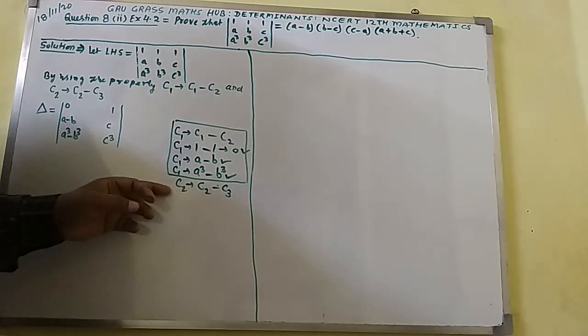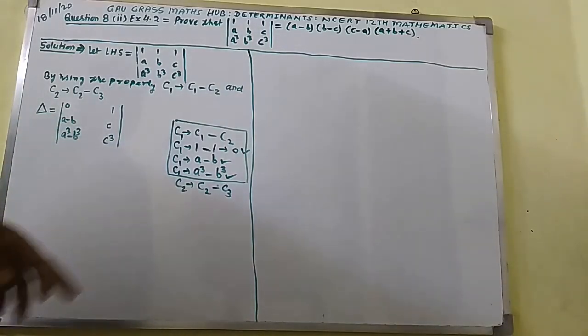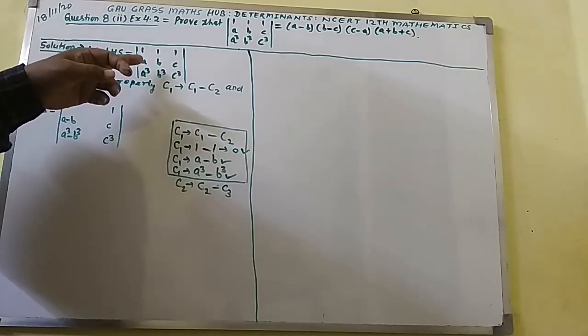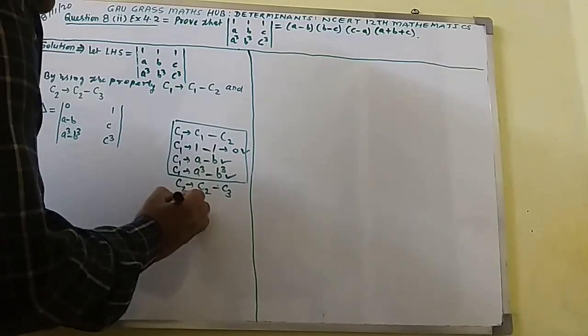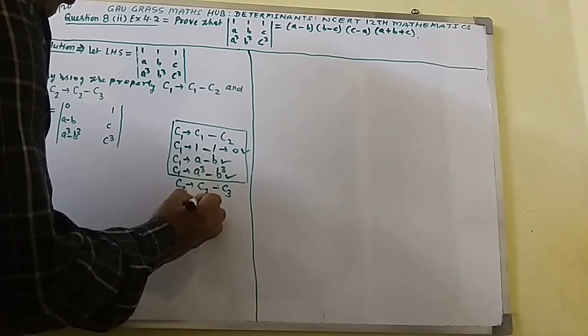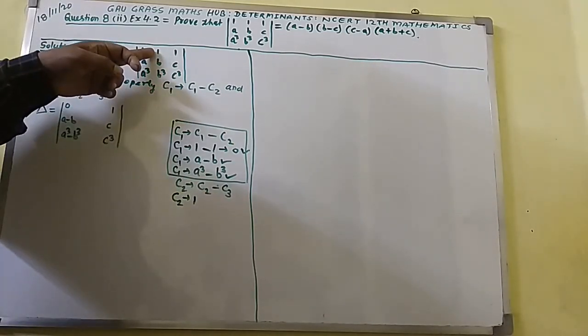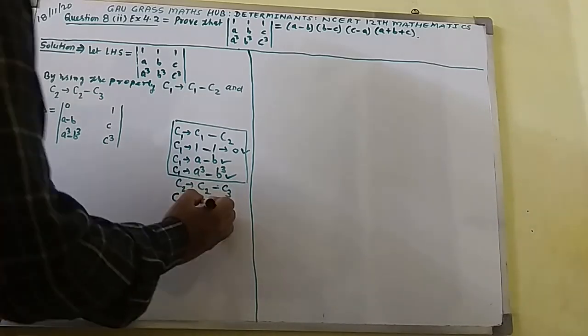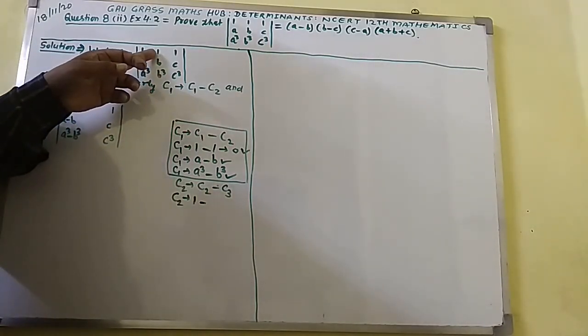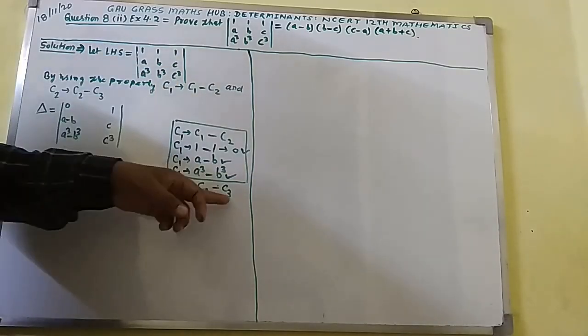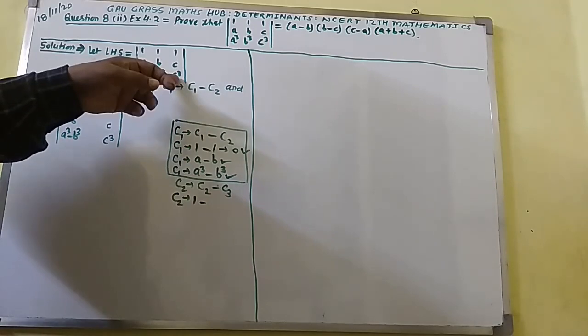If I take the element of C2 as 1, write 1 minus the corresponding element in the third column, because here C3 is there, which will be 1.